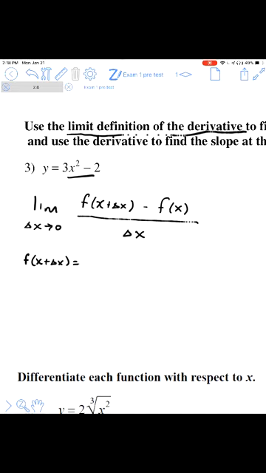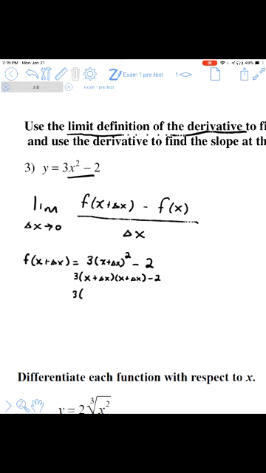What I've always recommended when doing a problem like this, when we're inputting something like this into a function, is rewrite the function, but instead of x's, make it an empty set of parentheses. So 3 parentheses squared minus 2. Inside the parenthesis, we're going to place the x plus delta x, and then simplify. X plus delta x squared is just x plus delta x multiplied by another x plus delta x.